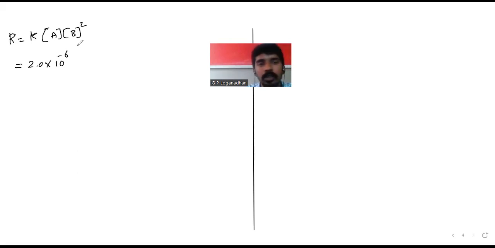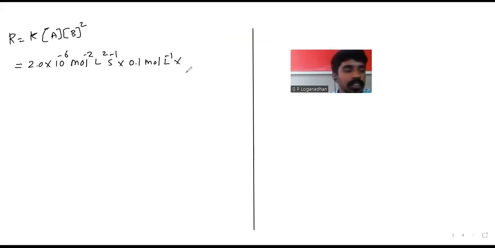Or you can use order of the reaction to find rate of the reaction. R equals 2.0 in this one, mole power minus 2 liter square second inverse, multiplied by concentration of A 0.1 mole liter inverse, concentration of B square, 0.2 mole liter inverse square.